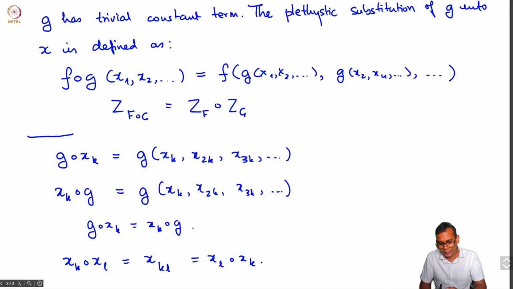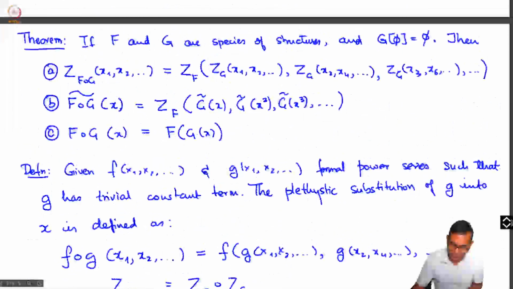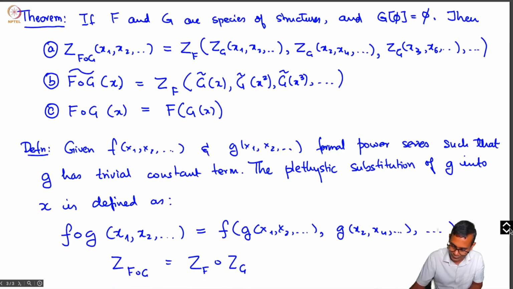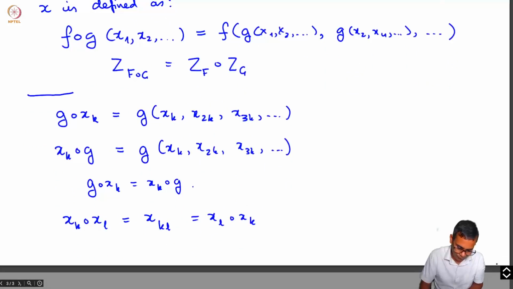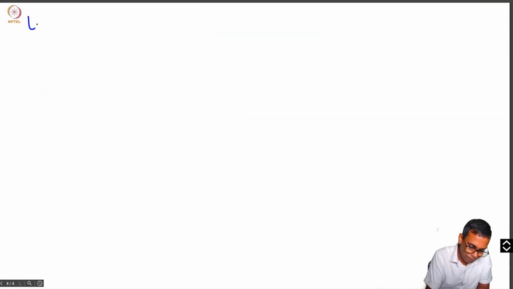This plethystic substitution takes a little getting used to, and in fact it is not a very simple operation, but certainly this part C here is something that makes life very interesting. So let's just look at a simple example here where we can actually do some computations. This species of endofunctions, right?